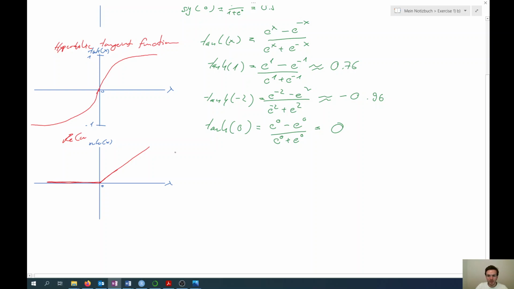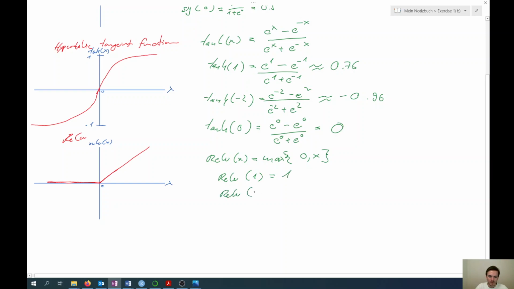And now the ReLU function is basically this max operator. So whatever is bigger, 0 or x, will be the output here. So ReLU of 1 would be positive, so this would be 1.